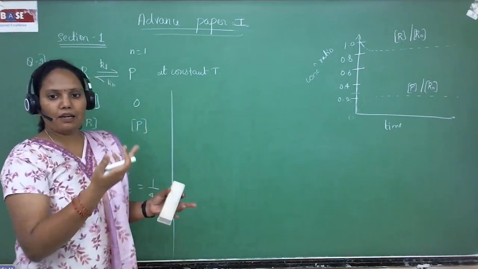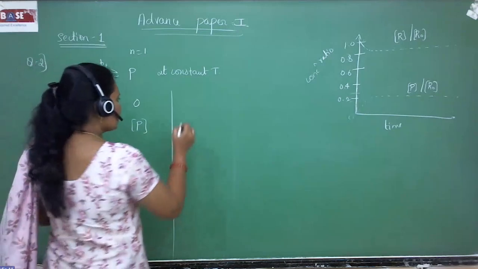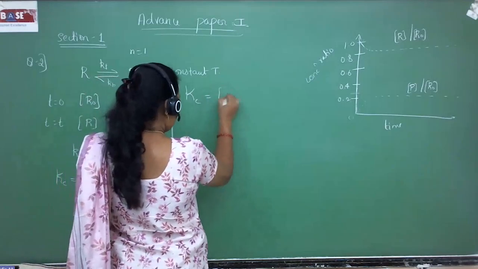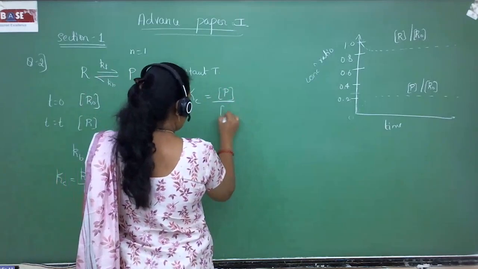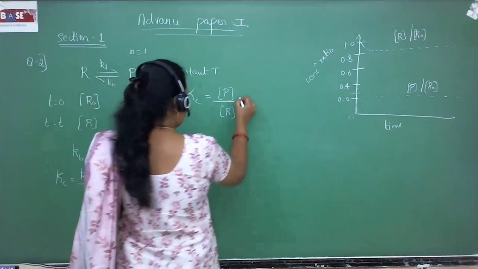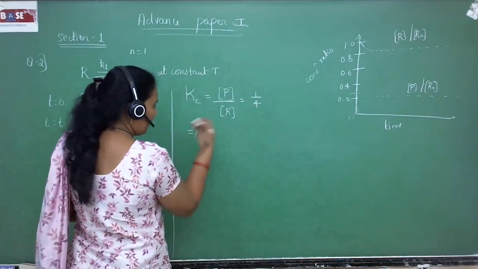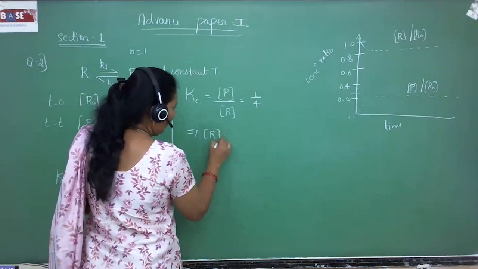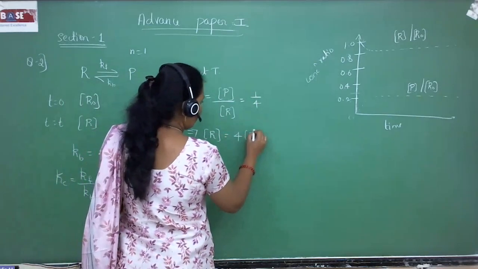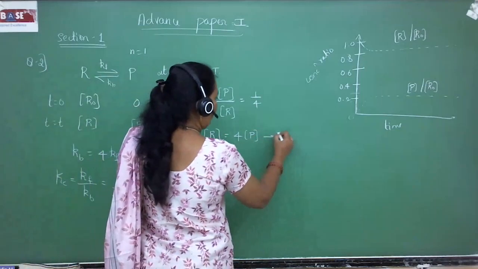But we want it in terms of concentration. We want to find the relation between them. So another definition for the equilibrium constant Kc is the ratio of molar concentration of product by reactant at any given time t, right? So this is equal to 1 by 4. Therefore, it is a very clear indication that the reactant concentration R will be equal to 4 times P. So this is the relation we have got.